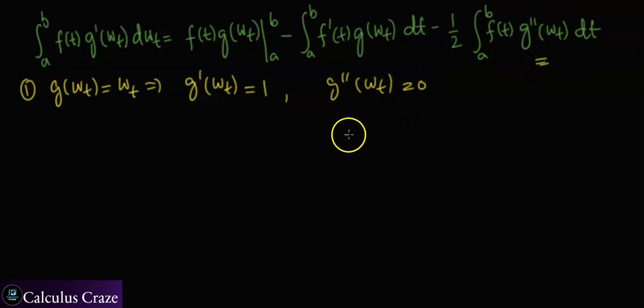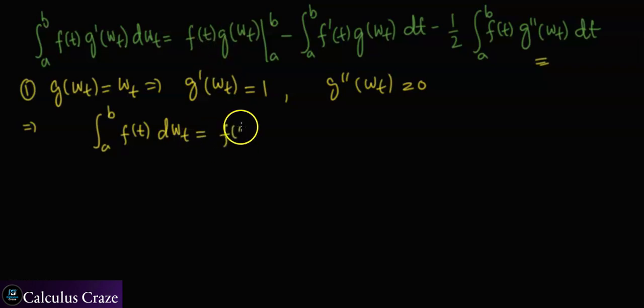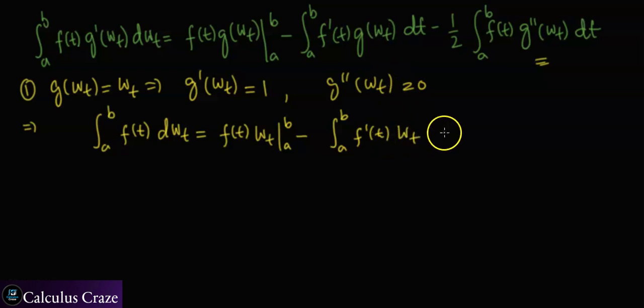So this term will be 0, and I will be left with the integral from a to b of f of t times dw sub t, equal to f of t times w sub t from a to b, minus the integral from a to b of f prime at t times w sub t dt, right?